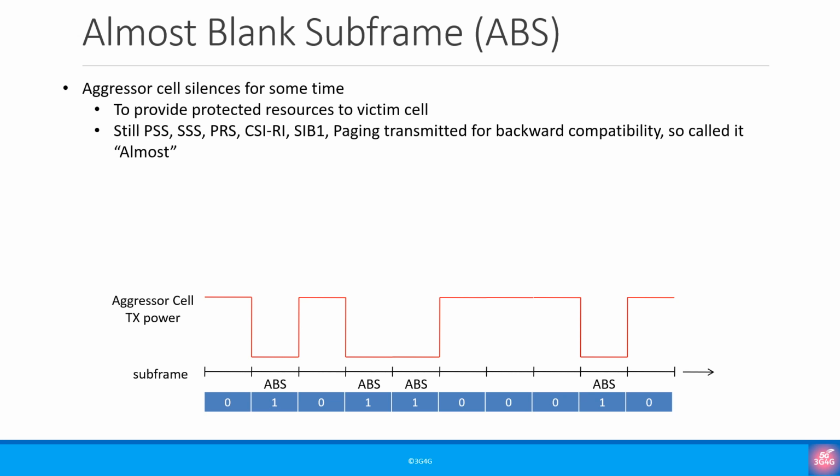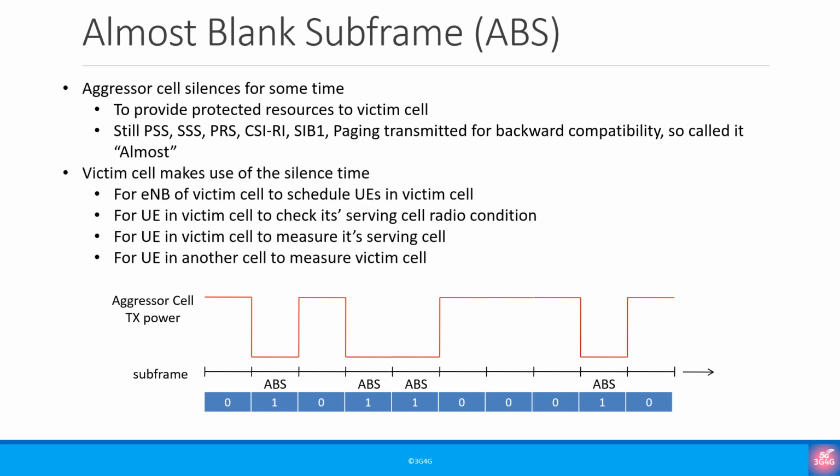Hence the use of the term almost. The victim cell makes use of the silence time for many different things. The first is to schedule UEs in the victim cell, then to check its serving cell radio connection, measure its serving cell, and also for the UE in another cell to measure the victim cell.